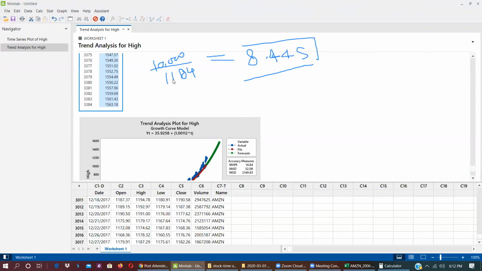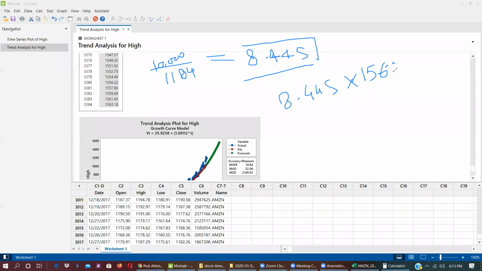You bought the stock at 1104 and now it is 1565. So how many stocks do you have? 8.445 times these many stocks. What is the value of the stock? 5.18.